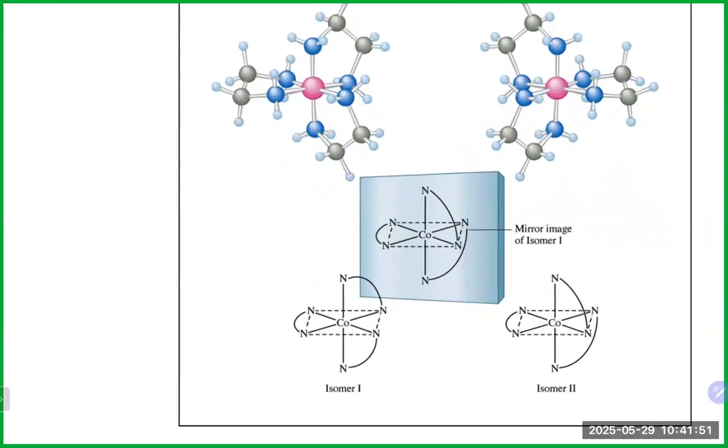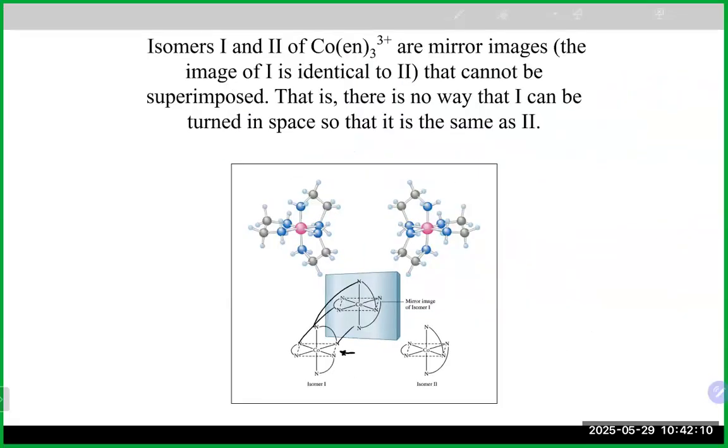If this was our original isomer, when we reflect this off into the mirror, we actually create a different bond with that reflection.